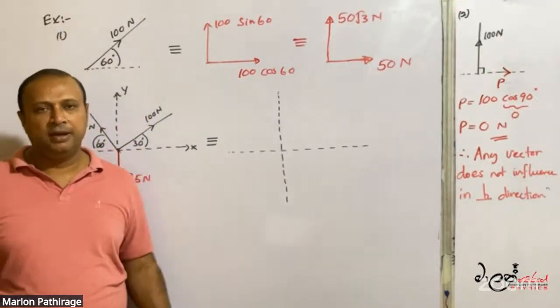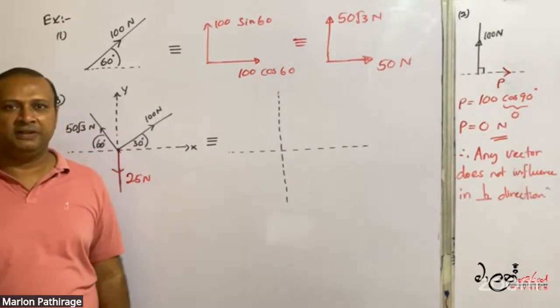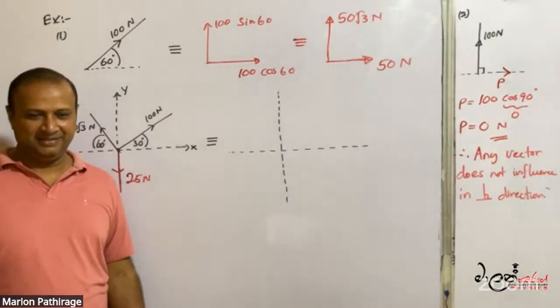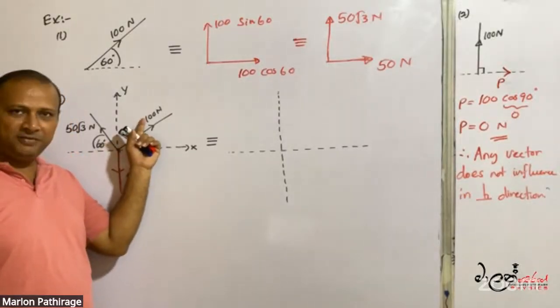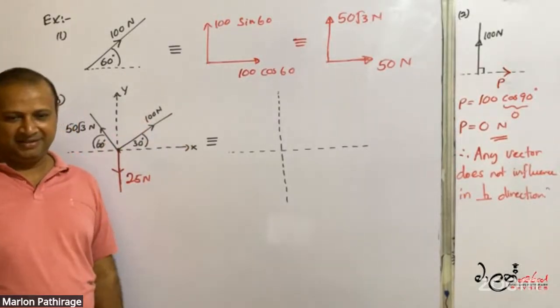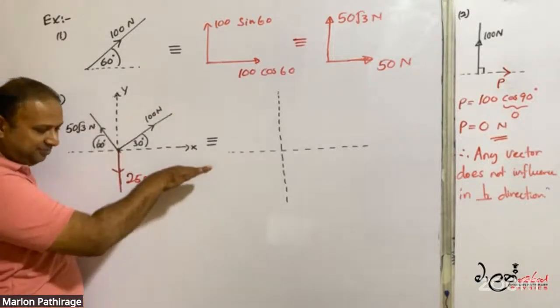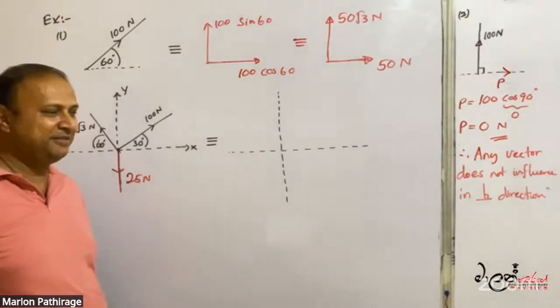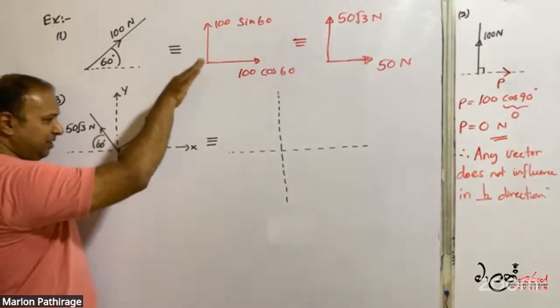Just tell me 100, whatever the trigonometric ratio. What is the component of the 100 Newton force in the x direction? Very good. Anita, Tarasha, Saranya, Yoshida. What is the component of the 100 Newton force in the x direction?